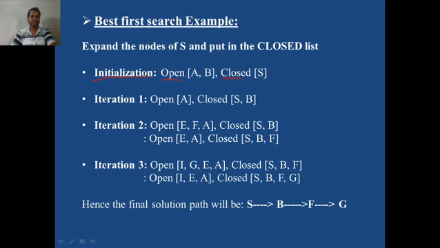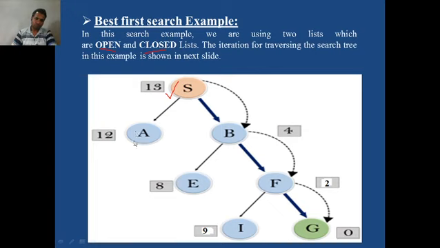Now in iteration 1, what happens? As the cost associated with node A is higher as compared to that associated with B, therefore we will not explore node A, we will explore node B. That's why node B will go into the closed list and node A will go into the open list for iteration 1, correct?